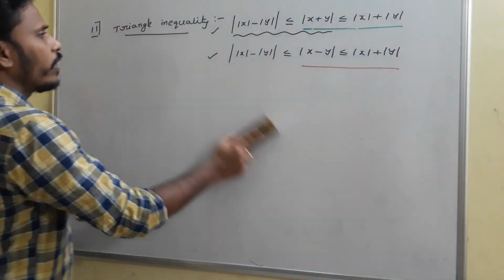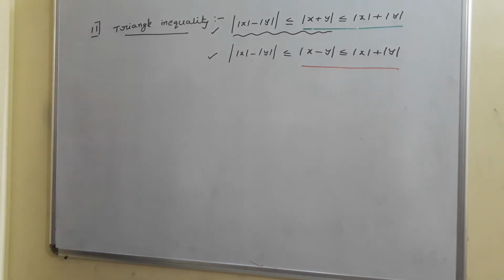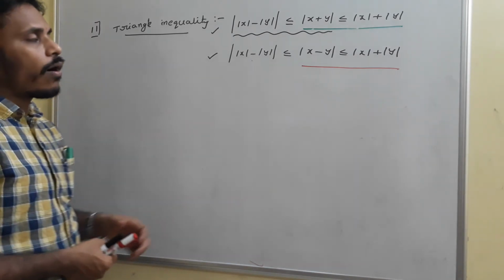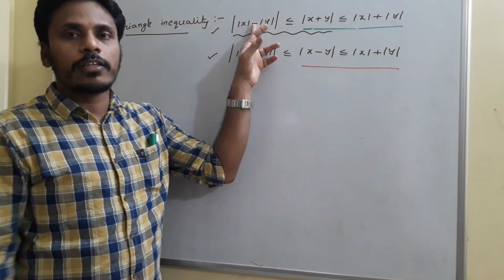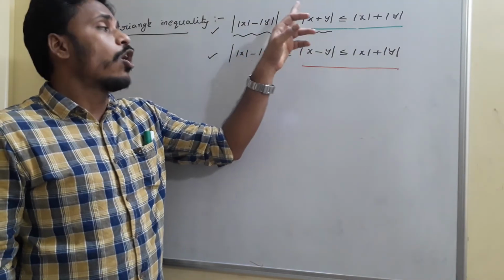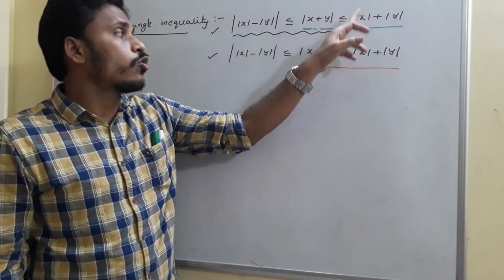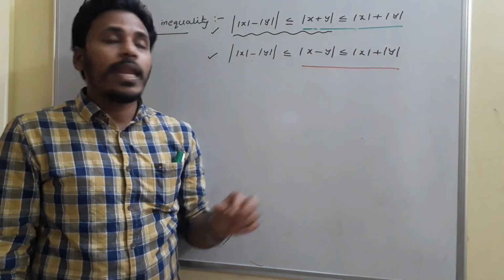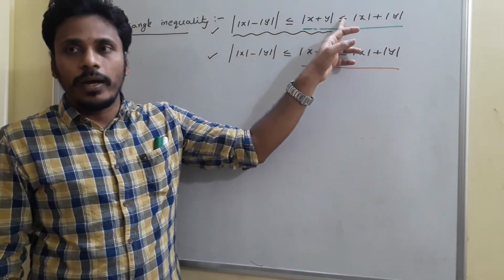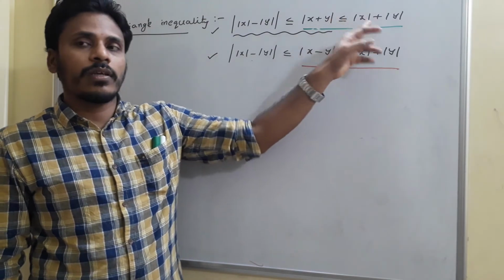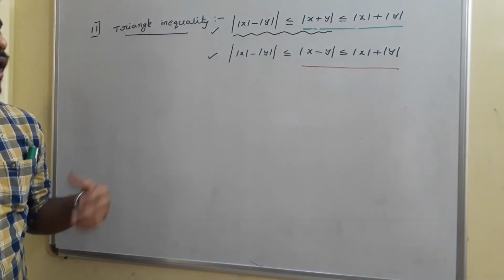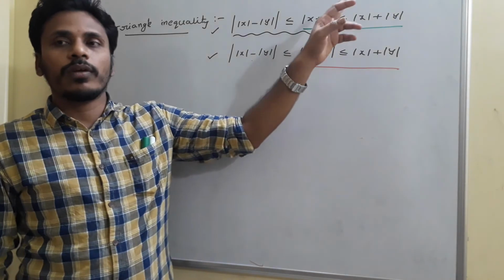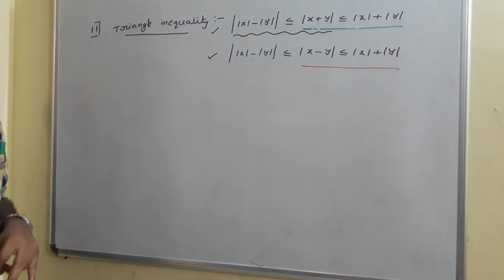And now we need to think about the next part. See, this: mod of mod x minus mod y is less than or equal to mod x plus y, which is less than or equal to mod x plus mod y. And the next idea is when it attains equality, when mod x plus y is equal to mod x plus mod y, as well as when mod x plus y is less than mod x plus mod y.